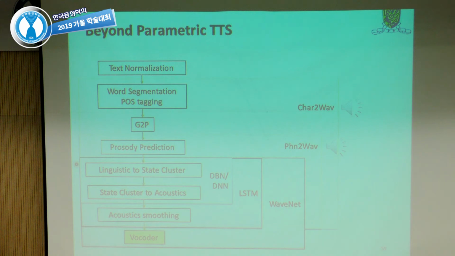Here, char to wave is misleading, but this is the original name in the paper. It actually still predicts the acoustic feature and then uses a neural vocoder to output the speech. And here, Deep Voice by Baidu, and VoiceLoop, and Tacotron. And Tacotron is one of the famous models that lots of research is now based on.